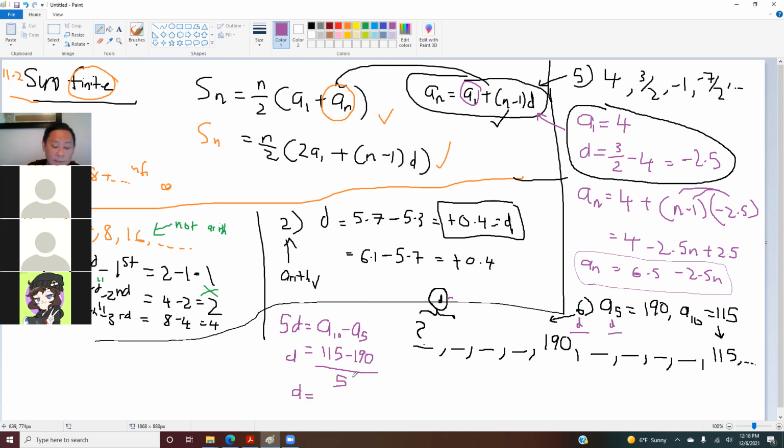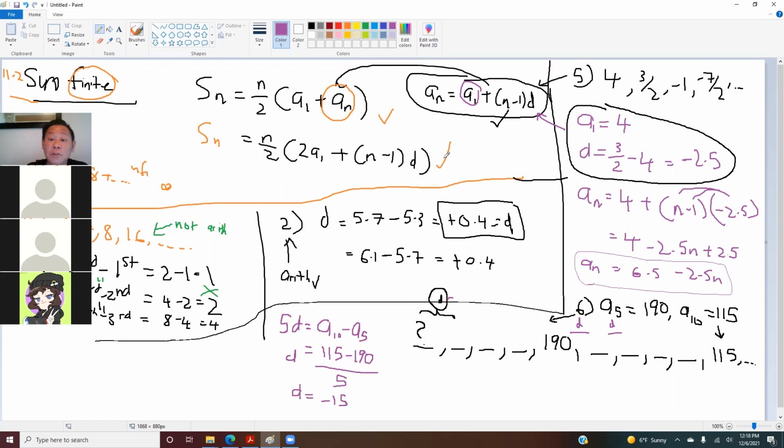So what's the difference in this case? Anyone? -15. So it's -15. And now you need to figure out your A1.